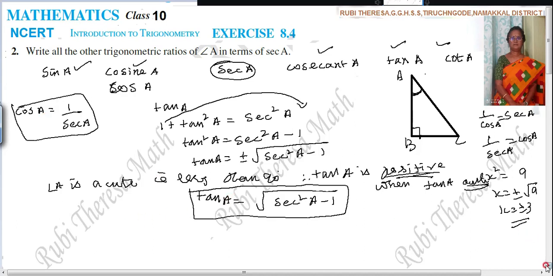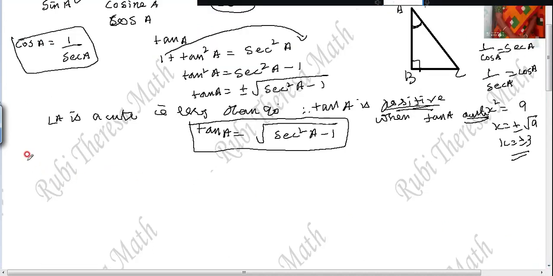Next one is cosecant A. Cosecant A is nothing but 1 plus cot squared A equal to cosecant squared A. Cot is nothing but 1 by tan.